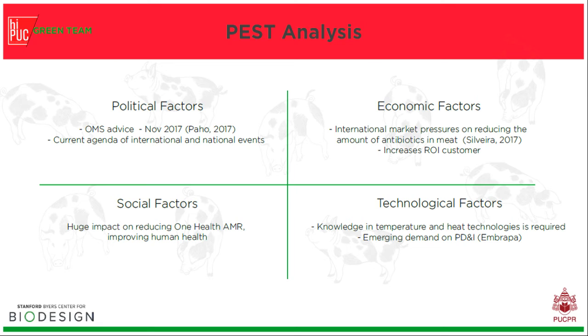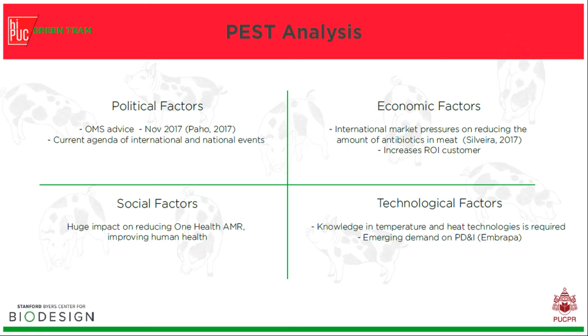Social factors, obviously the One Health aspect of this. If we can reduce antibiotic residues and resistant bacteria in meat that humans will consume, we can maybe break the cycle that exists in which we contaminate not just food and humans, but animals and the environment as well. Then we have technological factors.